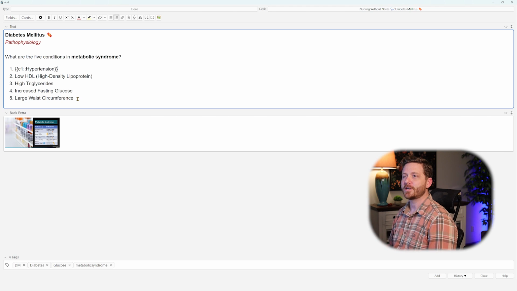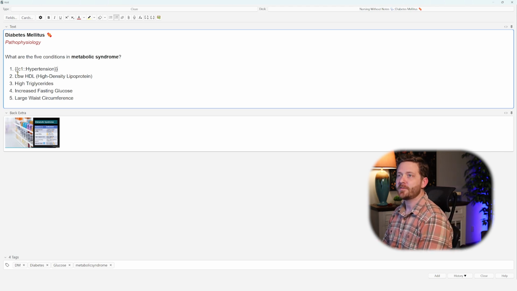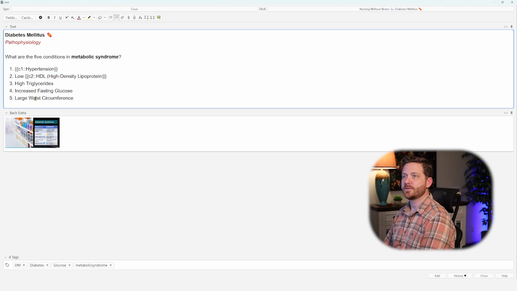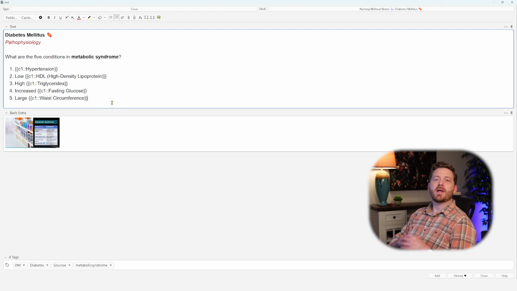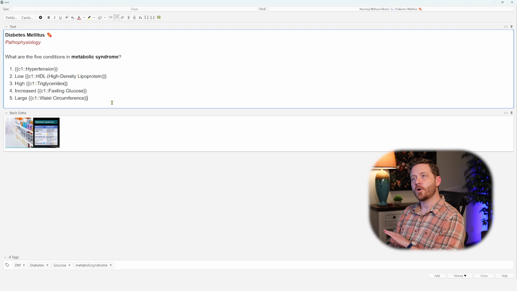So here's a little trick on how to test yourself on all 5 pieces of information. So instead of covering this whole thing, let's take HDL and cover just that. And Control-Shift-C, and we'll do the same thing here. Now let's come back and let's change all these to 1. All right, so now we're going to see that all as one card.